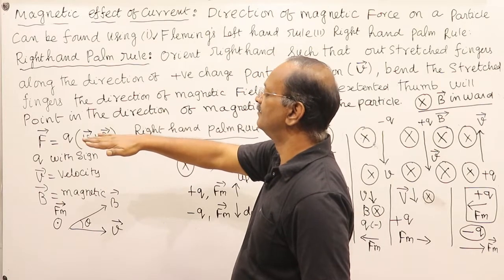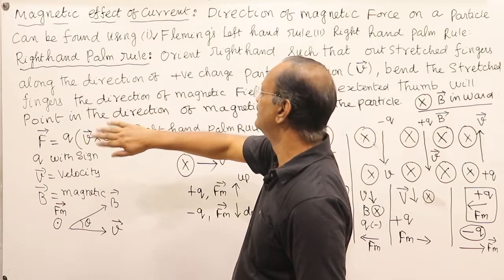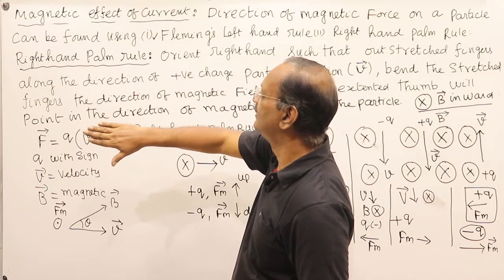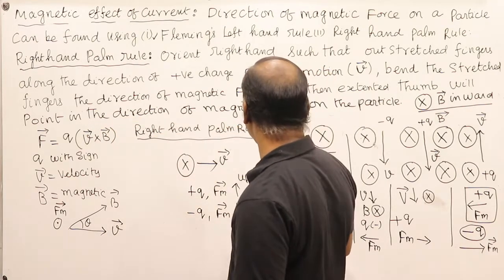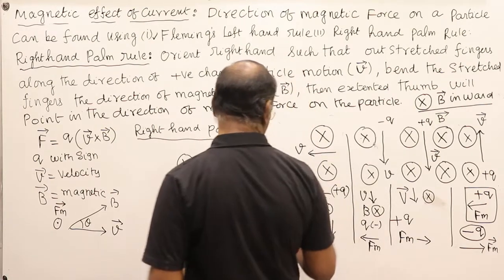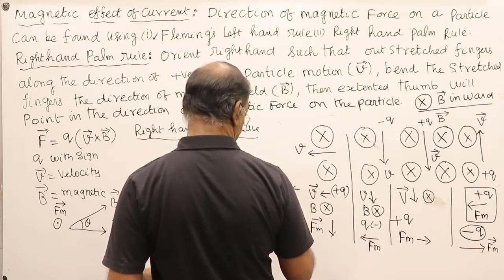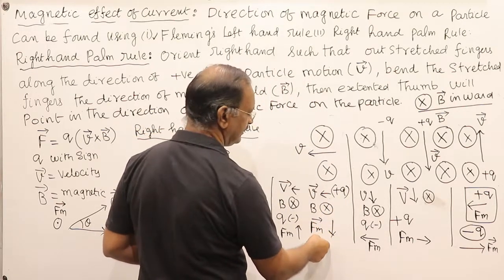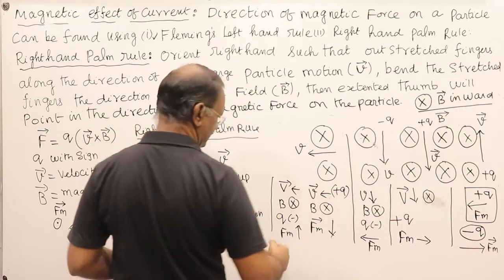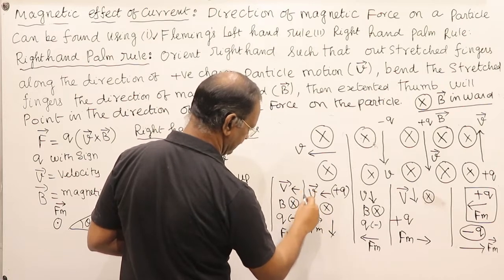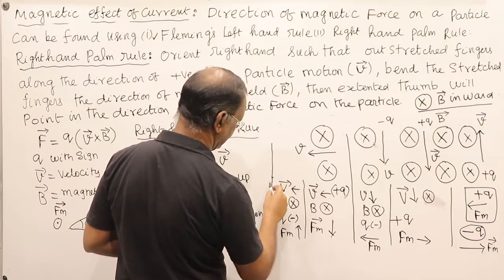Now third one, the velocity is in this direction, magnetic field is in this direction. We have to move towards this direction, so we will tilt it like this. It will be downward direction for positive charge, and for negative charge it is the opposite.